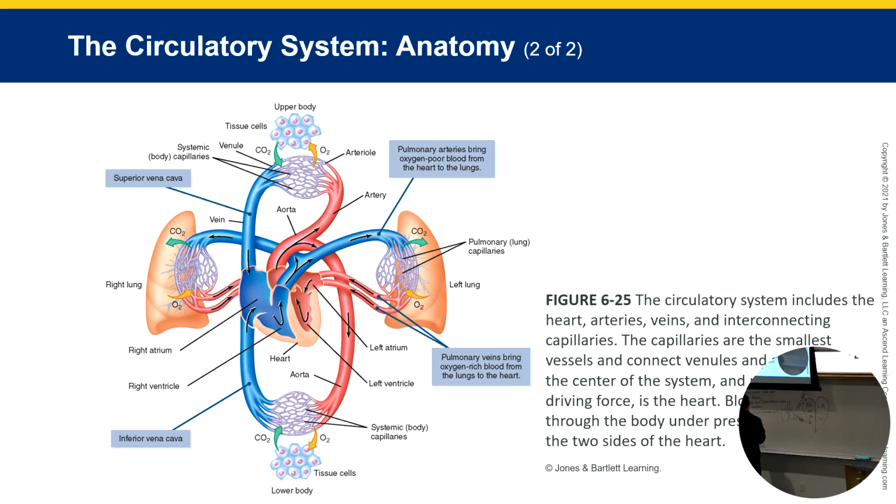Okay? Now, what is unique about the pulmonary artery? Who can tell me? The only artery that has deoxygenated blood. Fantastic. This is the only artery in the body that carries deoxygenated blood.